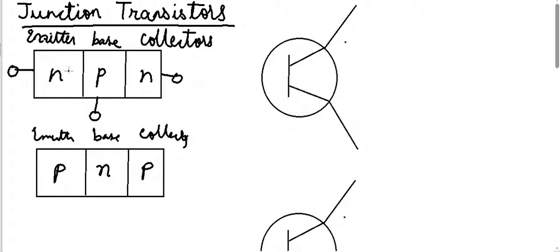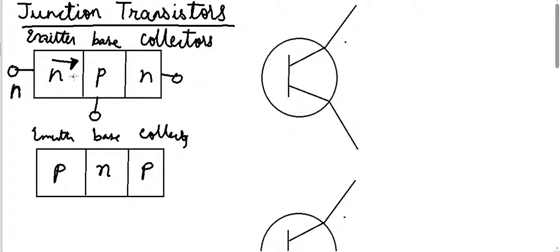Now obviously if the emitter and base are forward biased, then the n side will be connected to the negative terminal of the battery. This n side, which has extra electrons, because of the negative terminal, will repel all the electrons. Correct?